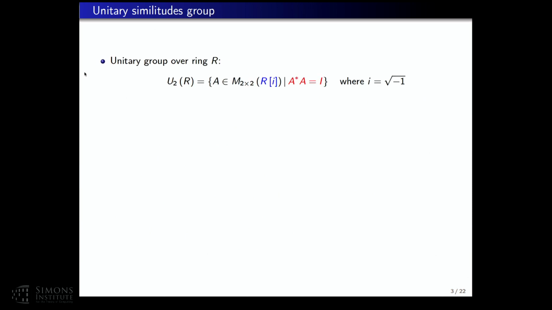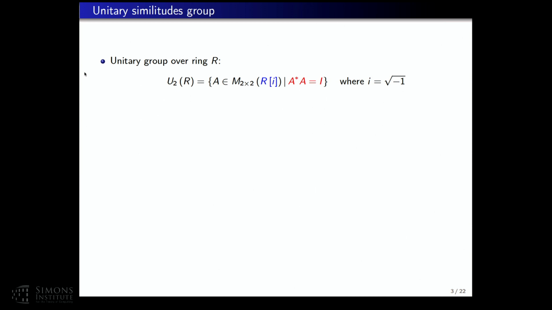So first, let me recall what is a unitary group. So I have a ring R, and I look at the unitaries, 2 by 2 unitaries, so matrices in the ring, not R, but R when I adjoin i. i is the square root of -1. And I look for matrices such that A star A is the identity. And star means that I take the transpose and conjugate.